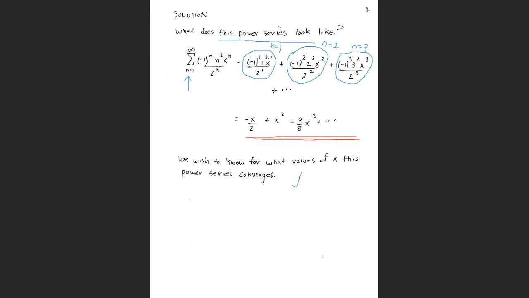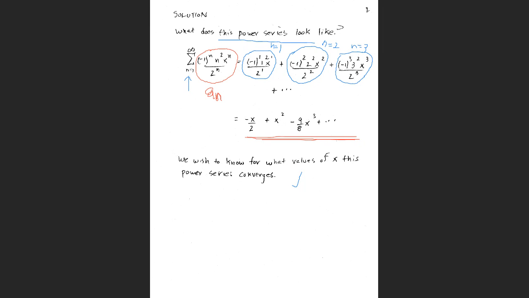Okay, so we will let then in the ratio test this -1 to the nth power times n squared times x to the nth power over 2 to the nth power be our a sub n in the ratio test.